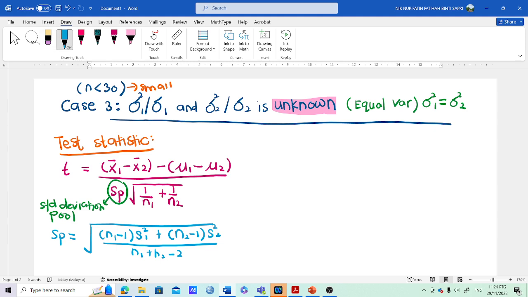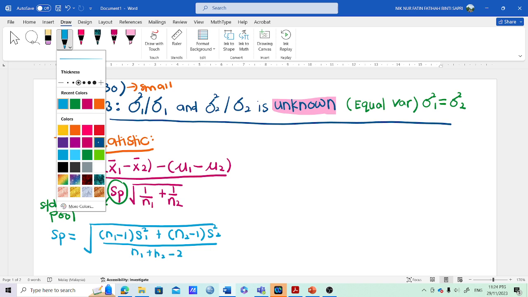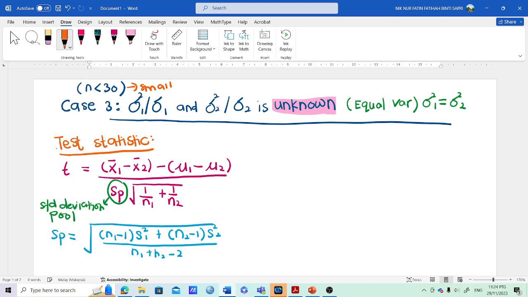Similar to the previous case, this denominator is actually the standard error difference.